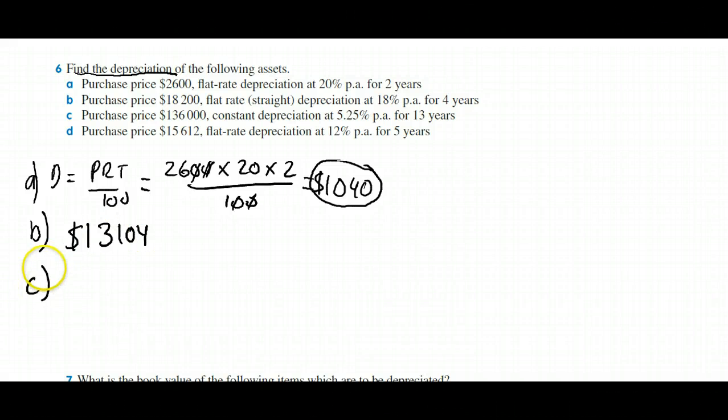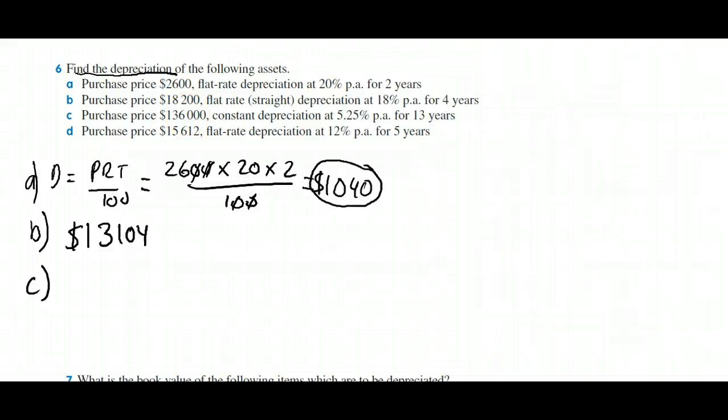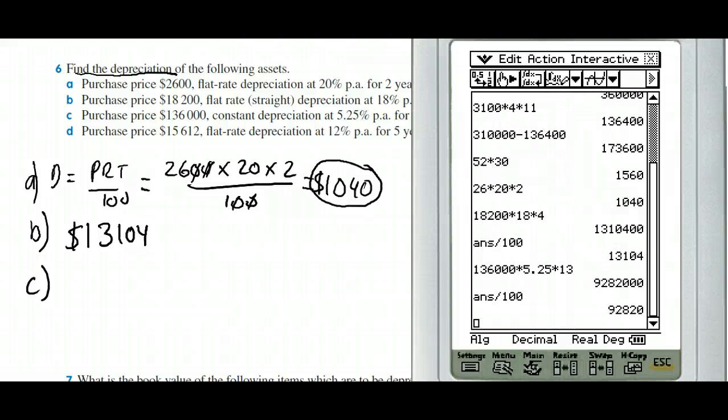In C, we've got a purchase price of 136,000. So we'll put in 136,000 times 5.25 times 13 years, and divide it by 100, and we get 92,820.